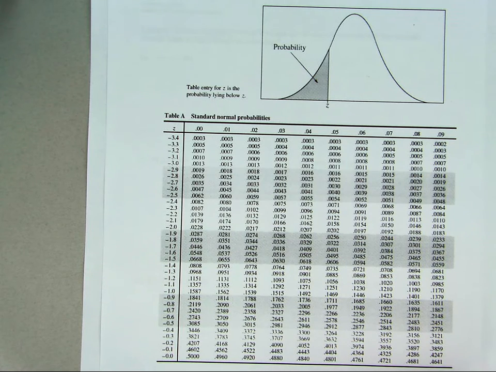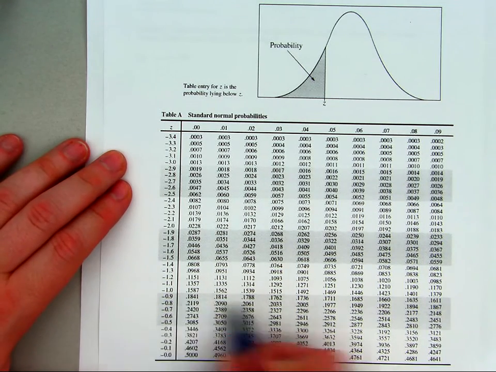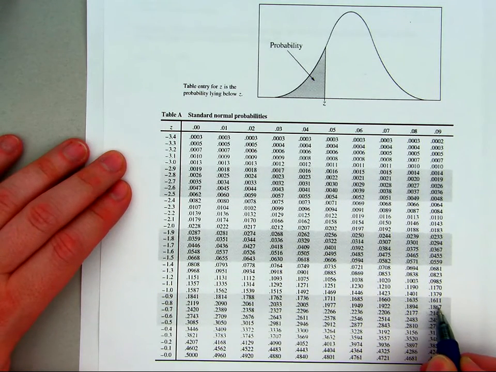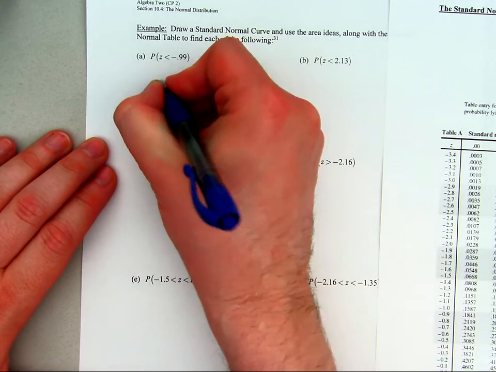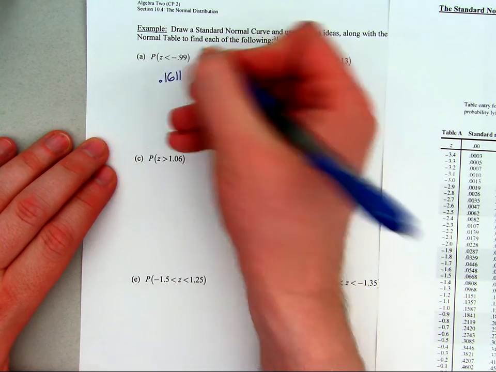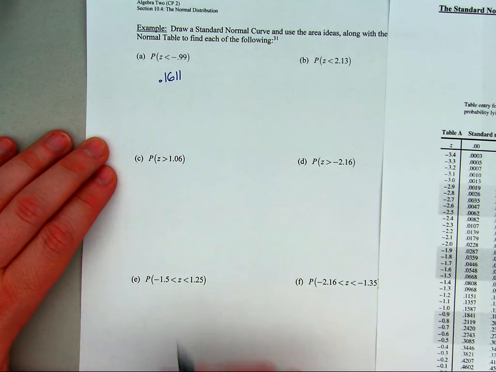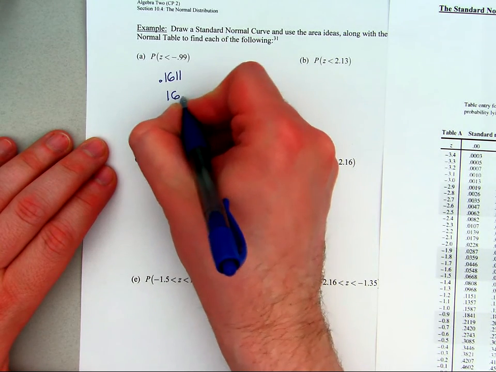Hold on one moment. Oh, I can't do that. Never mind. Negative 0.9 over to the 0.09 column, and we're going to get 0.1611. So our percent of data over there, just 16.11%.